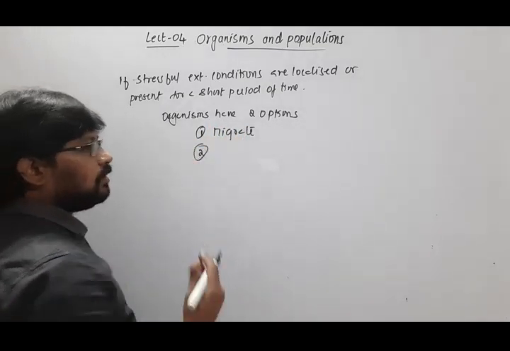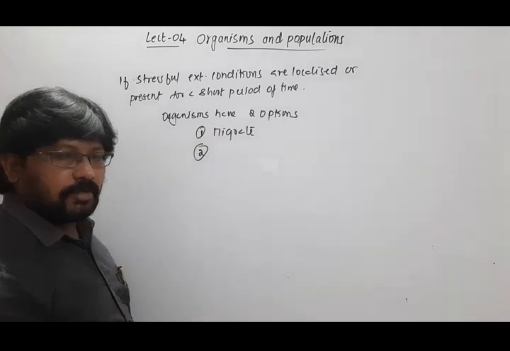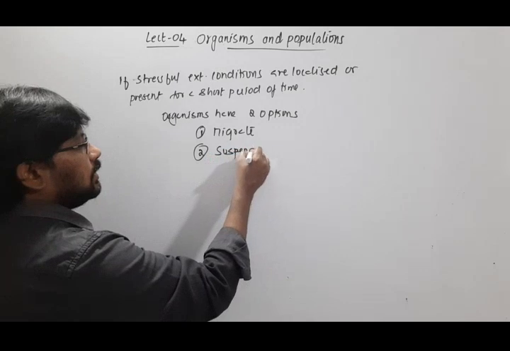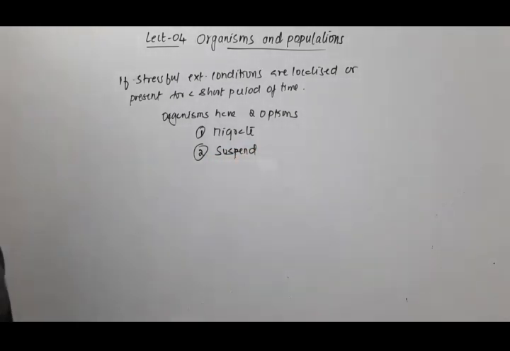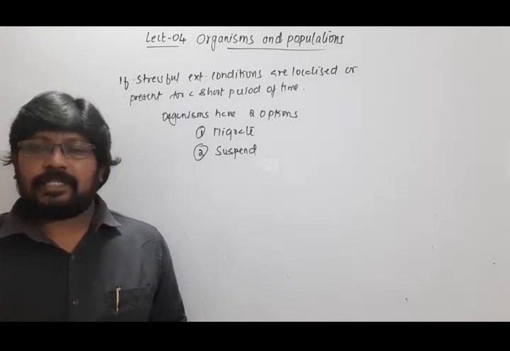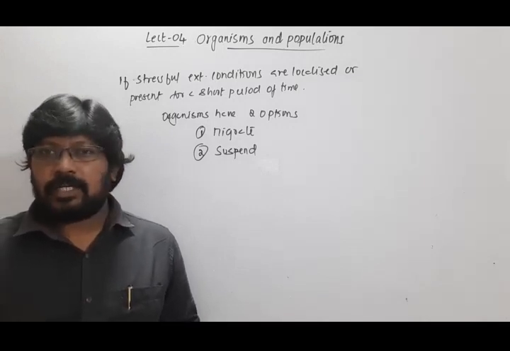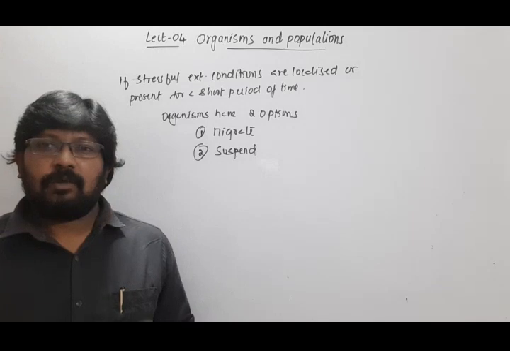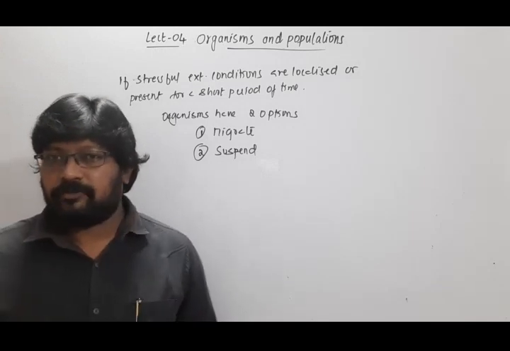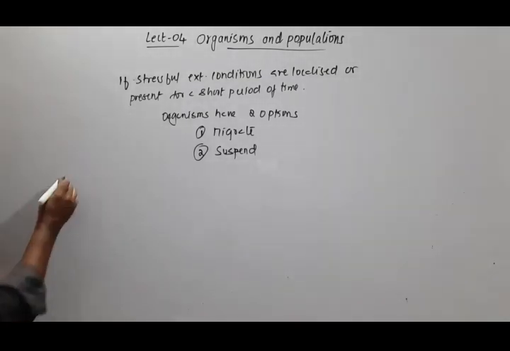Or if they don't have the chance to move away, they need to simply suspend, which means remain in the same location, reduce all their metabolic activities, and wait till the external conditions become favorable. So now let's look at that.